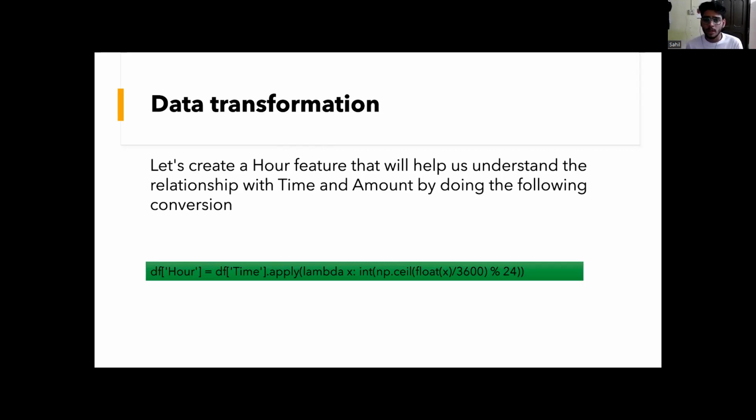If we are going to present it in a graph, the seconds will make a very large length on the x-axis. So we are going to transform it into an hour feature. We will convert the seconds into hours, and because there are only 24 hours, it will be very easy for us to see when the transaction occurred.